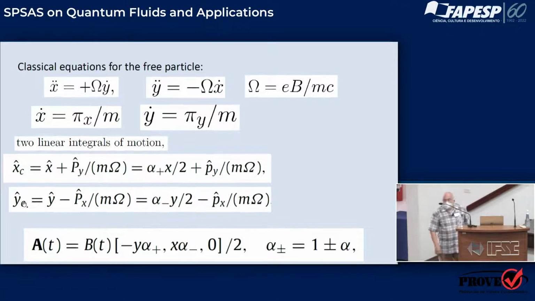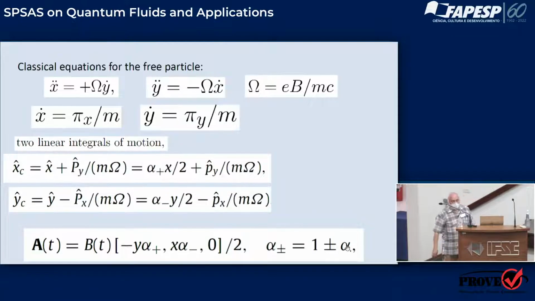This is nothing but the coordinates of the center of the circle along which the particle rotates. And an important point in his representation is that a general vector potential can be written in this form, with some combinations of x and y. And we see this parameter alpha.